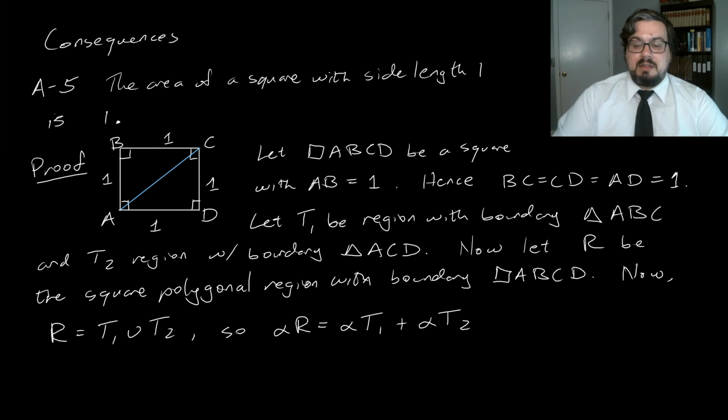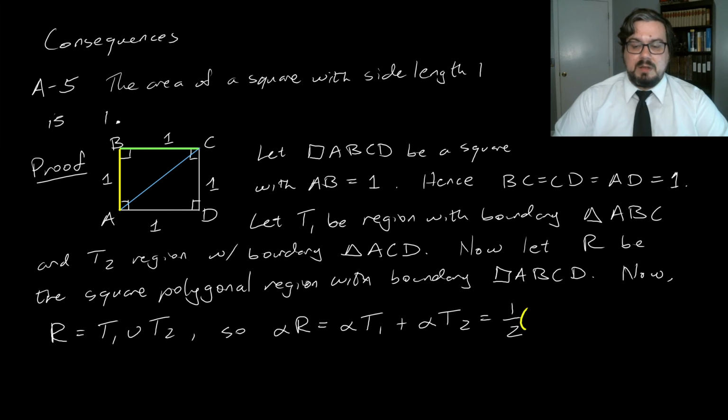Now, the area of T1 can be obtained by taking 1/2 times a base and an altitude of this triangle ABC. Now, because ABC is a right triangle, we can actually take BC as the base and take BA as the altitude, or indeed vice versa.